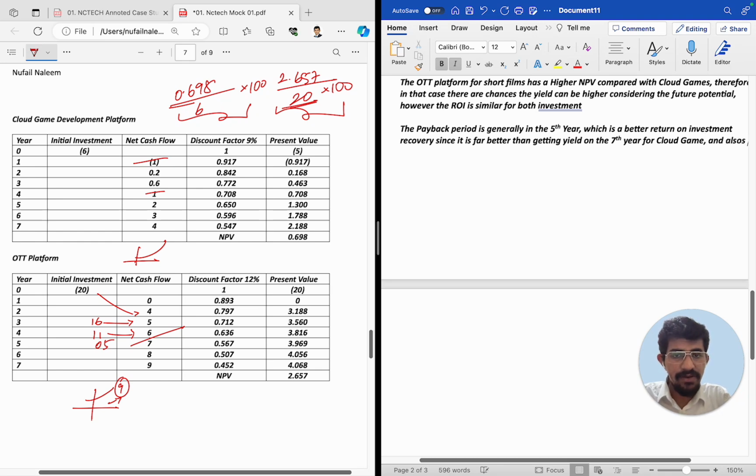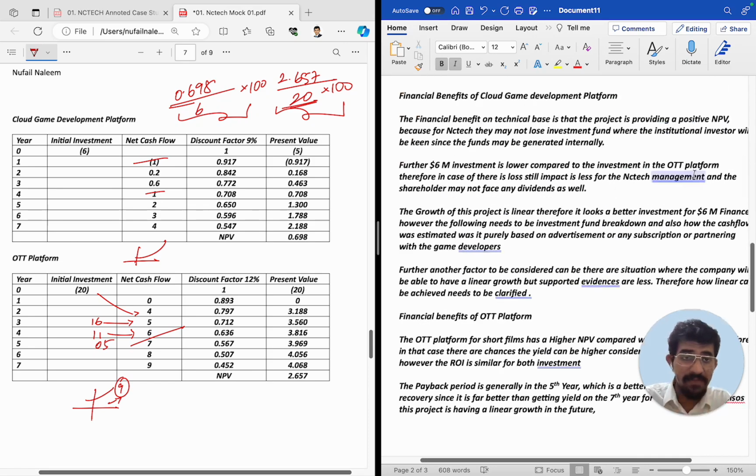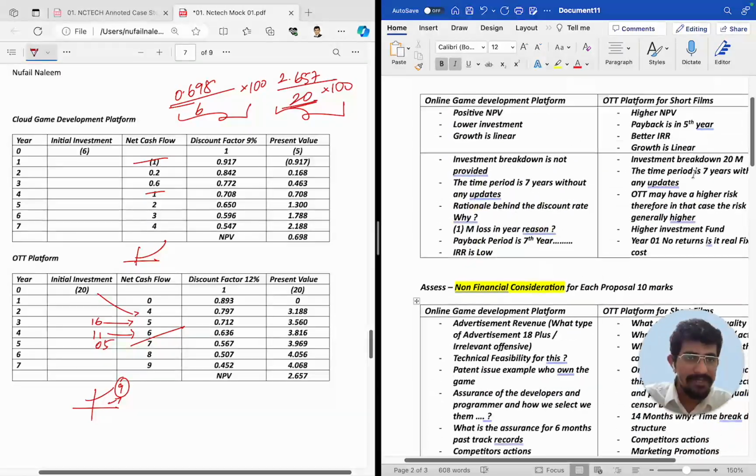And also this project is having a linear growth in the future. So that means it's growing in a positive direction. Keep that in mind for your understanding.